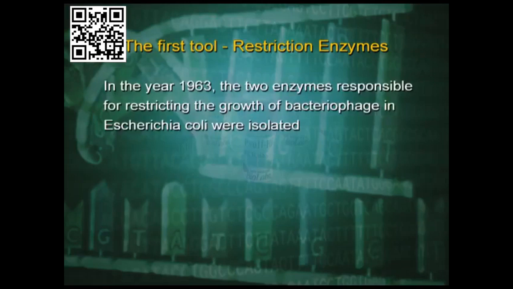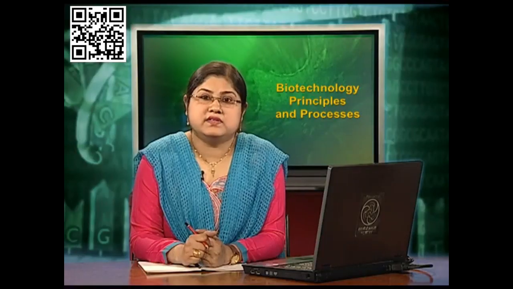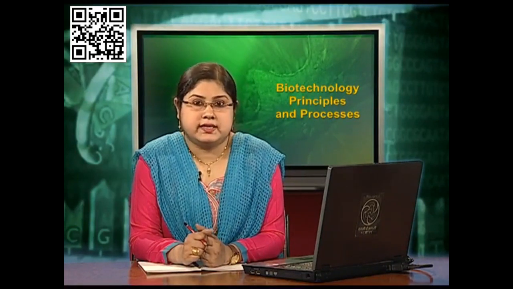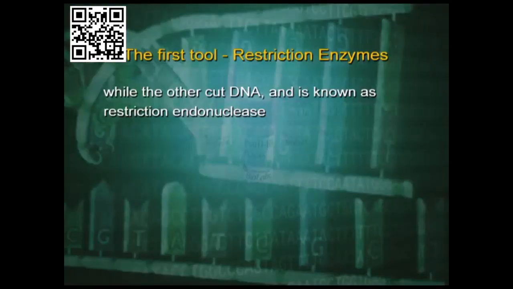In the year 1963, the two enzymes responsible for restricting the growth of bacteriophage in Escherichia coli were isolated. One of these added a methyl group to DNA, while the other cut DNA and is known as restriction endonuclease HindII.